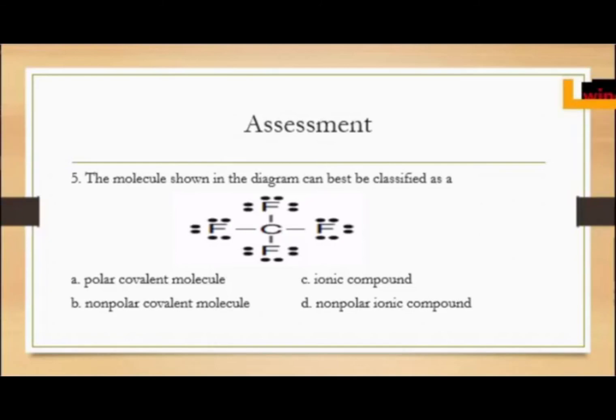Okay, again, the question is: the molecule shown in the diagram can be best classified as A, polar covalent molecule, B, nonpolar covalent molecule, C, ionic compound, or D, nonpolar ionic compound.